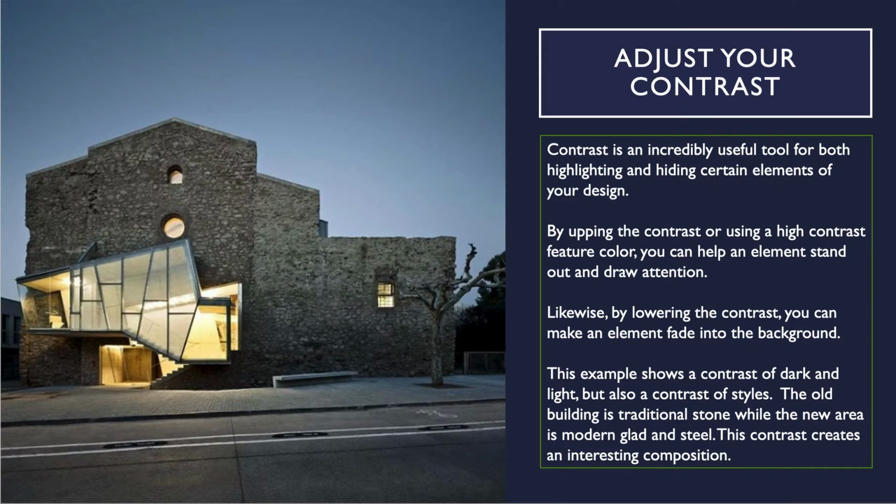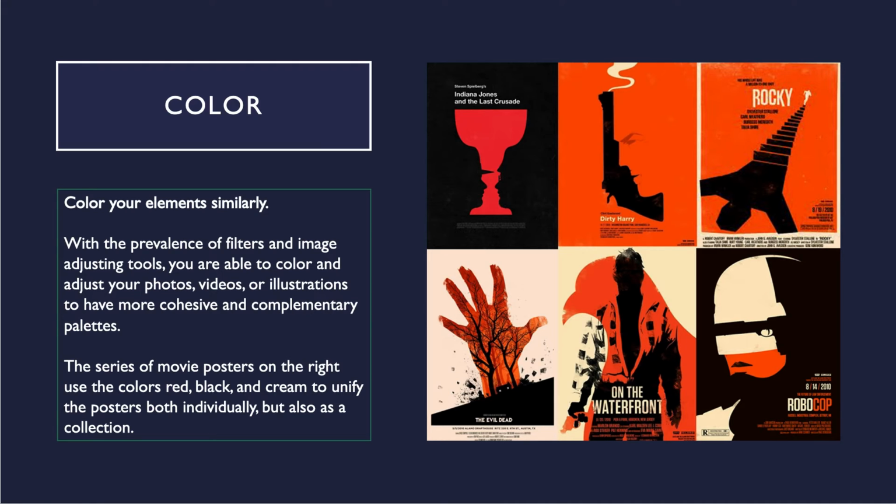One other thing you can do is adjust your contrast. Right? When you look at this building, there's a very strong contrast between the dark, the old, and the bright and the new. And it's very clear how you get in that building. Obviously, color.